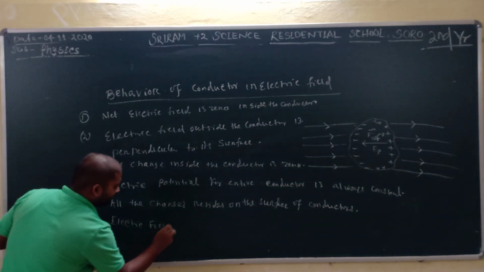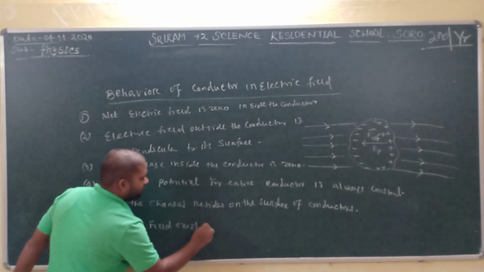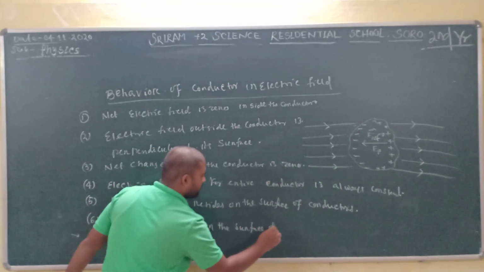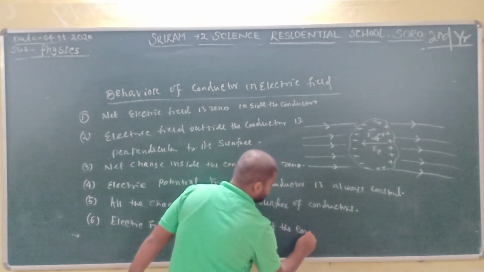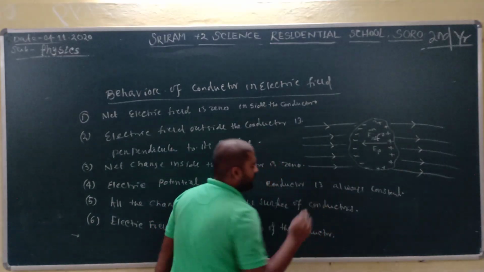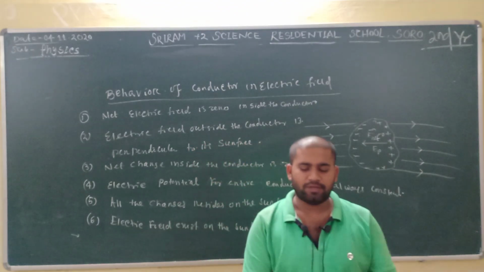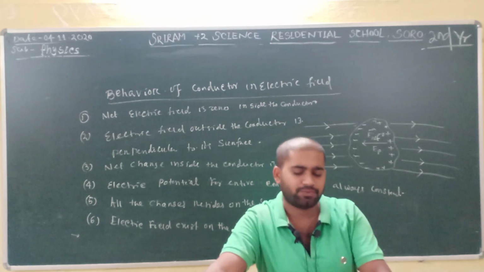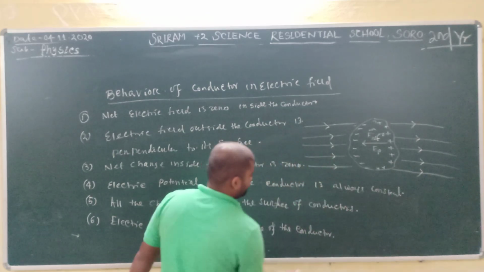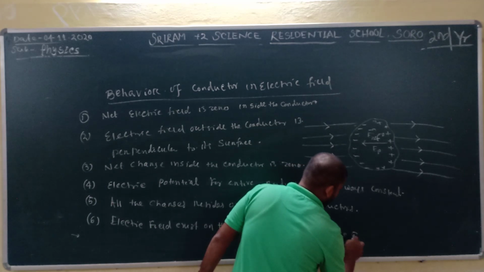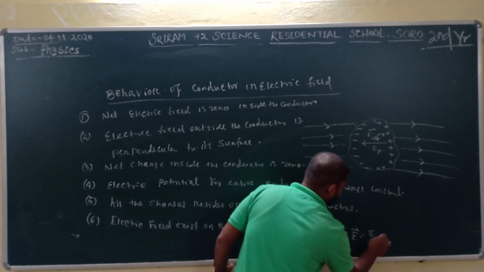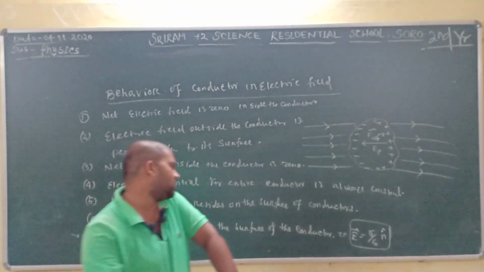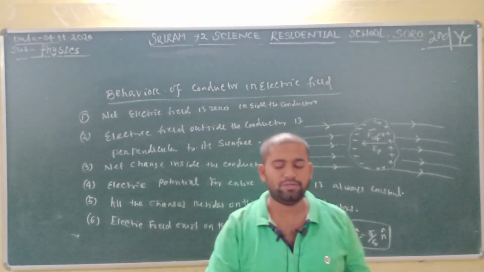When we measure the value of the electric field, it equals sigma by epsilon 0. That is, E vector equals sigma by epsilon 0 n cap. The value of the electric field on the surface of the conductor is E equal to sigma by epsilon 0 n cap.